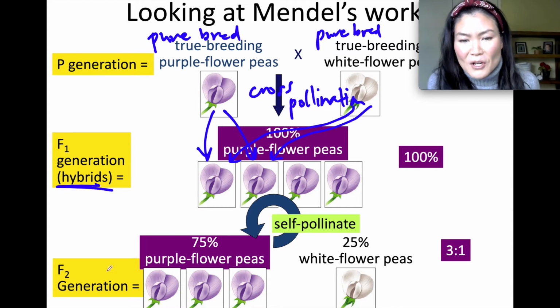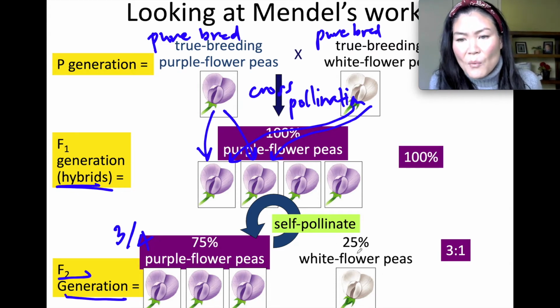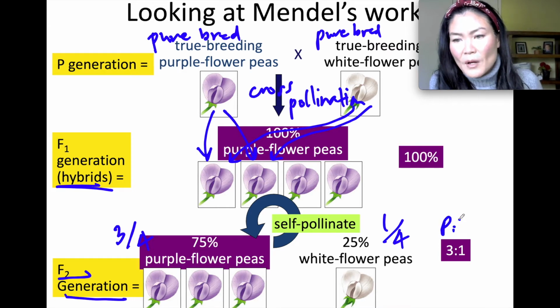And for the F2 generation, the next generation, it was always this ratio or percentage or fraction. It was always 75% purple or 3/4 purple, and then 25% white or 1/4 white. So this 3-to-1 ratio, 3 purple to 1 white.